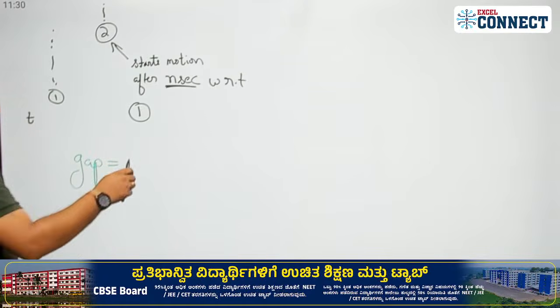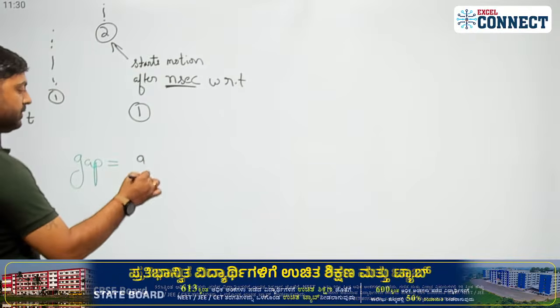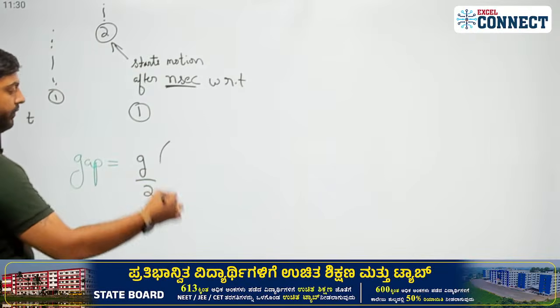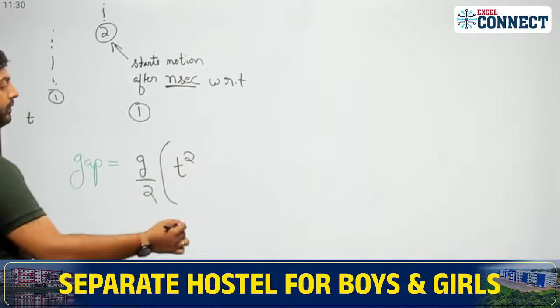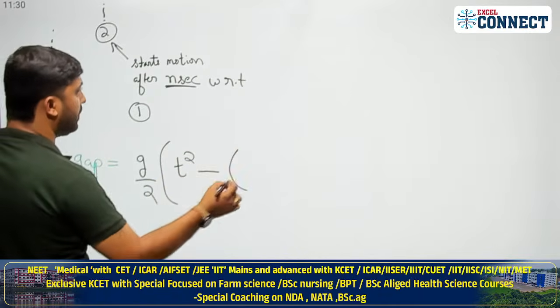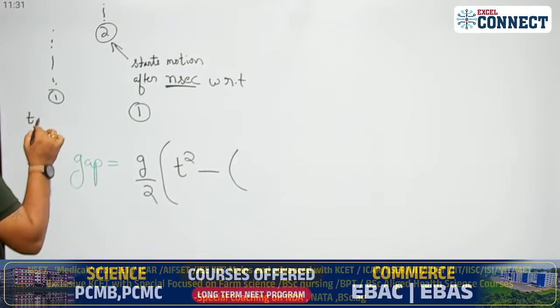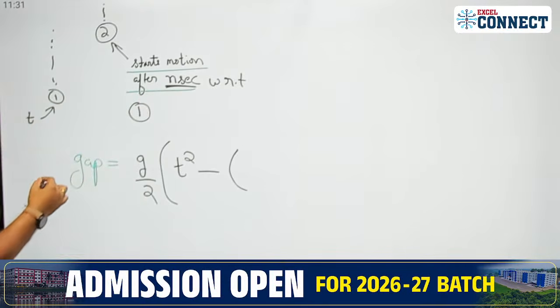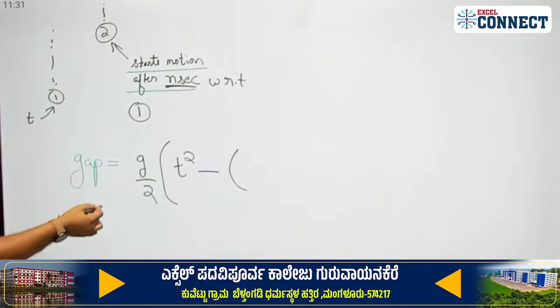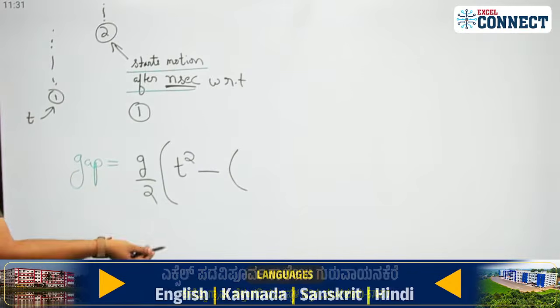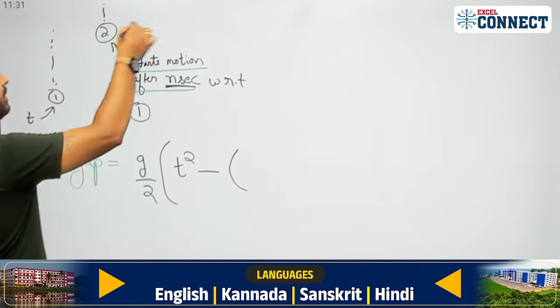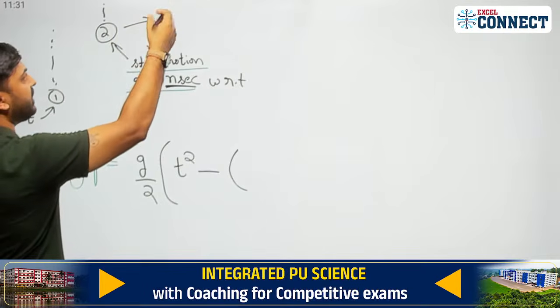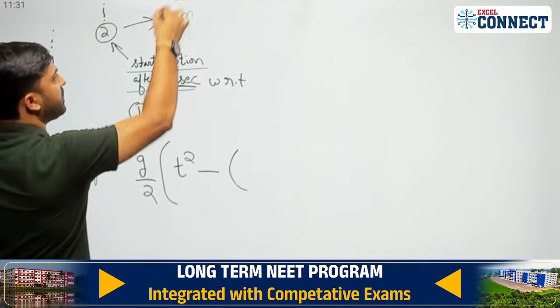Gap is calculated by G by 2 within the bracket t square minus... If first object takes time t and second object starts the motion after n seconds, then what will be the gap? It is G by 2 t square minus, what is the time taken by second object? It is t minus n.